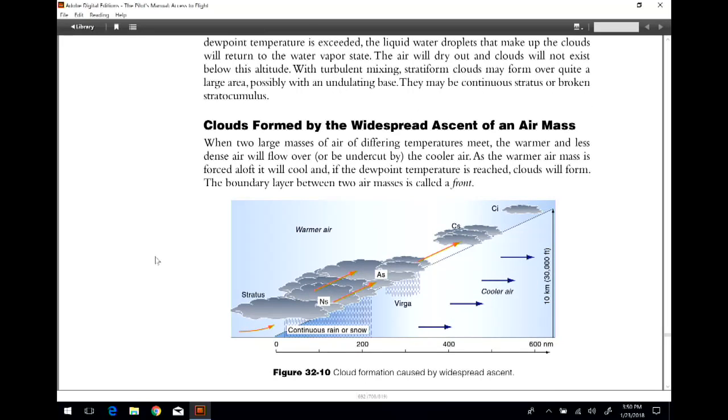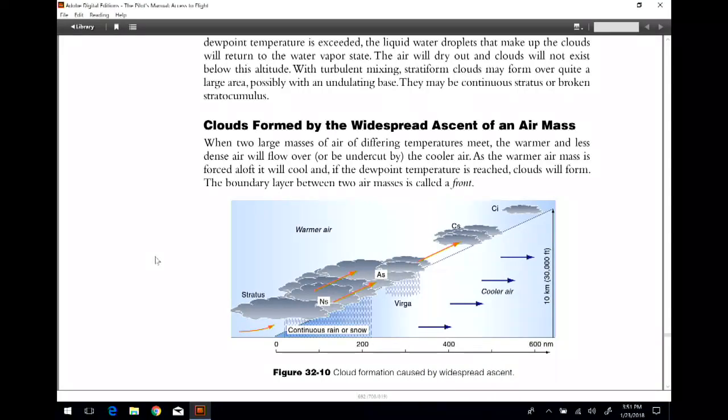So for instance, if you see a warm front, remember how I told you that a warm front comes in and squishes that cooler air out from in front of it. This is where you can see clouds with more horizontal types of structure being pushed further and further vertically.